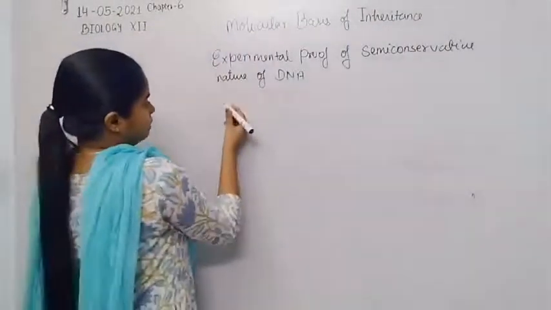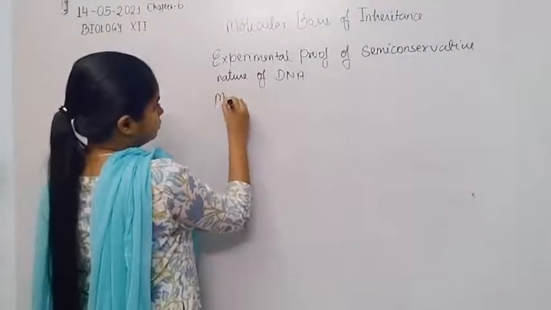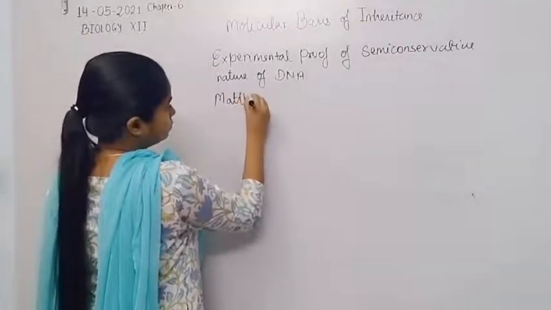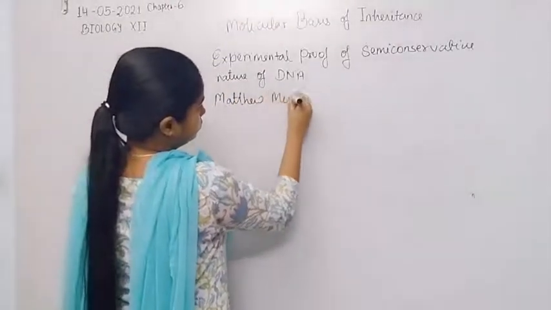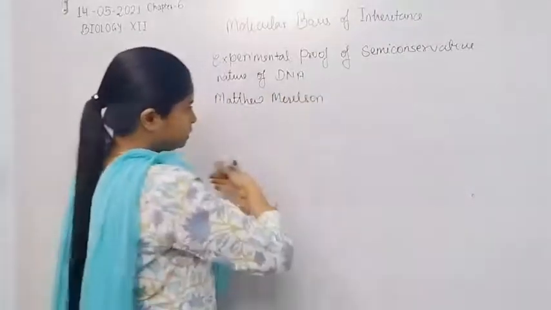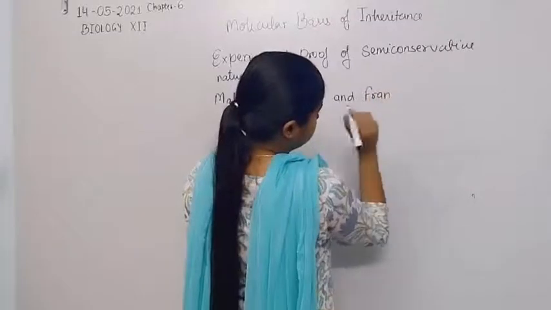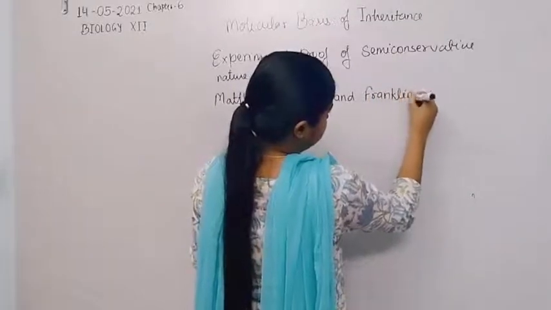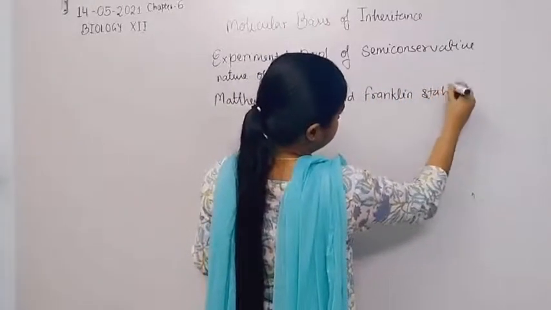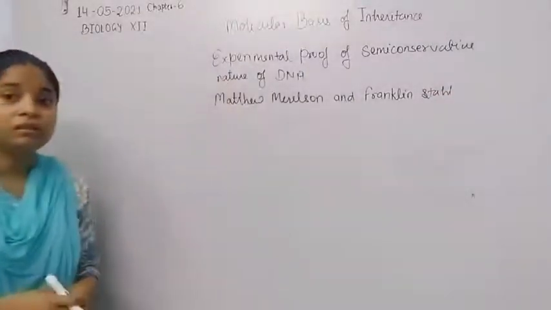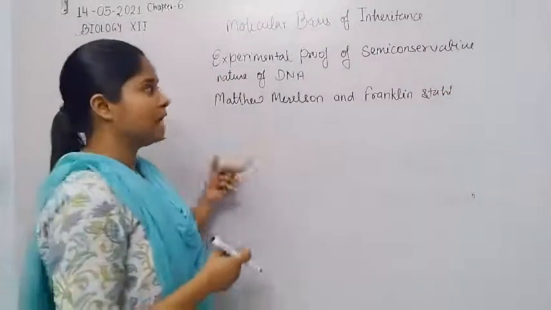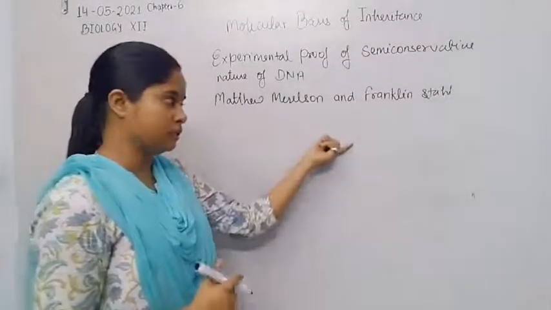So Matthew Meselson and Franklin Stahl did the experiment to prove that DNA is semi-conservative.